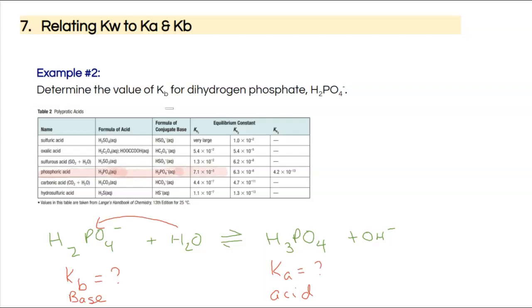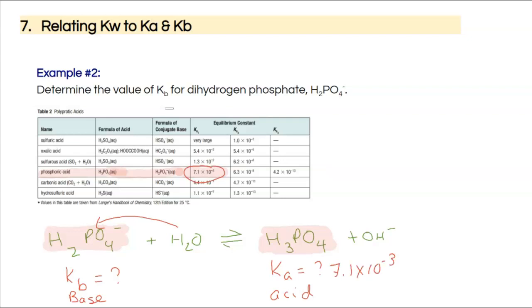And so this Ka value is going to be the Ka1 associated with it, because we're looking at phosphoric acid having lost its first proton. So the conjugate base of H3PO4 would be H2PO4 minus. And so if we're looking for the Kb for it, we need to look at the Ka1 value for H3PO4. That value, as it turns out, is right there on our chart. That's that 7.1 times 10 to the negative 3.